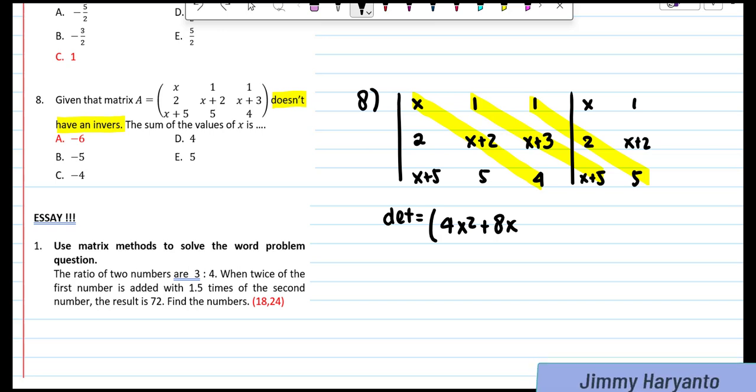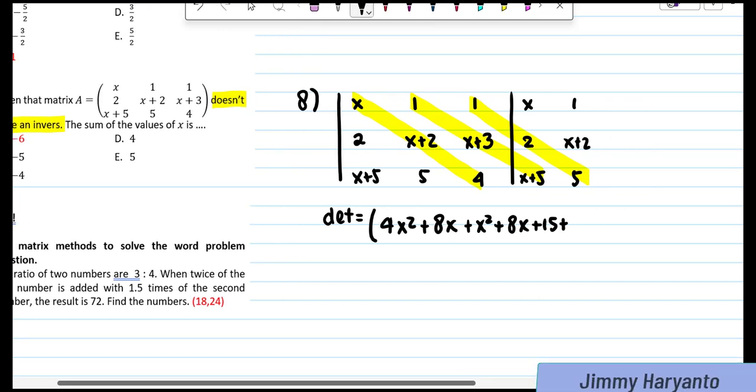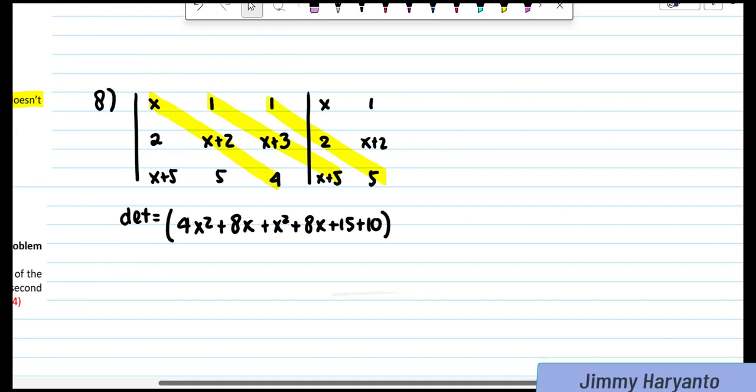So I just want to multiply this one. X times x equals to x squared. 5x plus 3x will become 8x, and then 5 times 3 equals to 15. Oh, we're not finished yet. Plus 10. Okay, that is for the yellow.